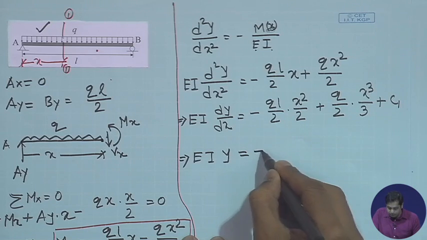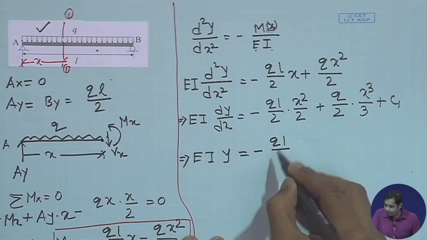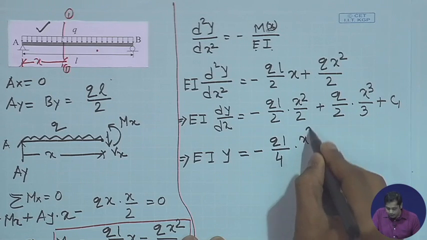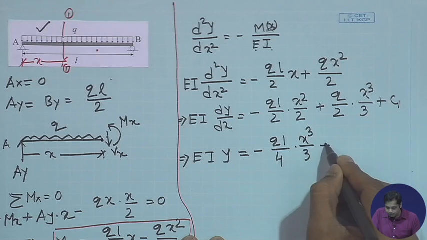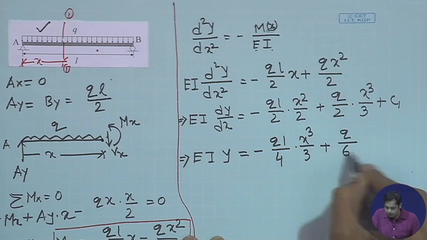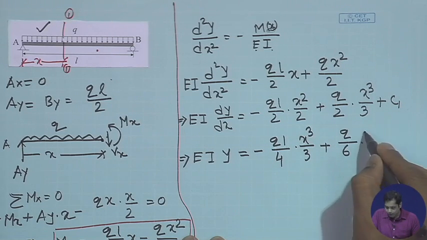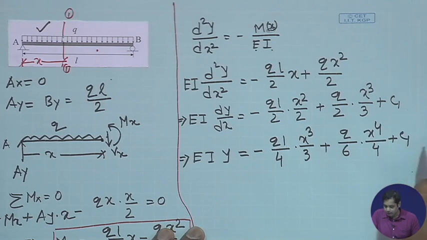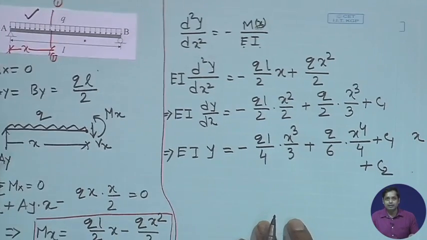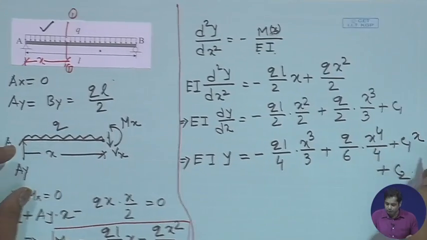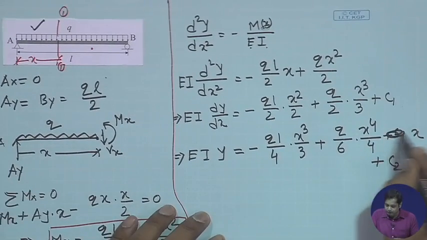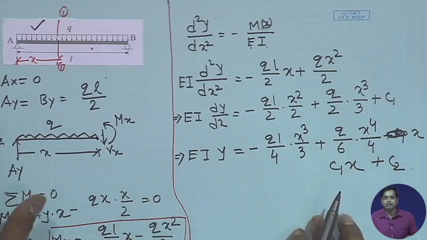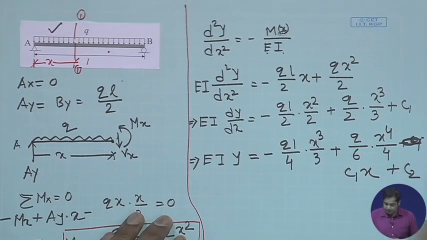So, this becomes minus qL/4 times x^3/3 plus q/6 times x^4/4 plus C1x plus C2. C2 is another constant. Okay. Now, this is one constant and this is another constant.